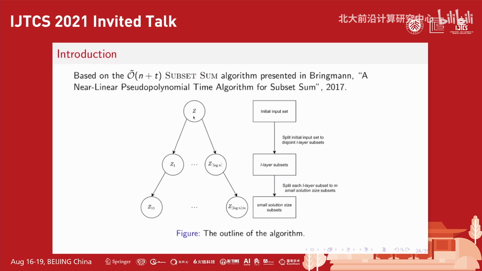The main idea is that we partition our input set into L layer subsets, and then each L layer subset into m small solution size subsets. We solve the problem for the small solution size subsets. We combine these solutions to solve the problem for the L layer subsets, and lastly we combine these solutions to solve for our initial input set.